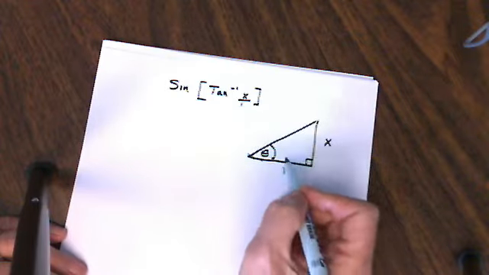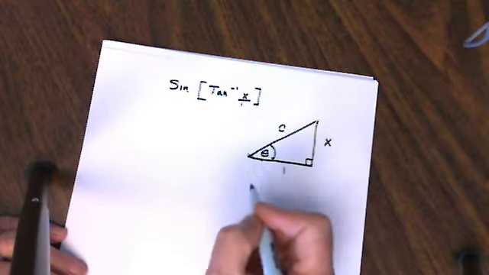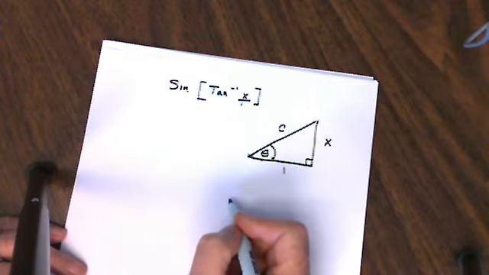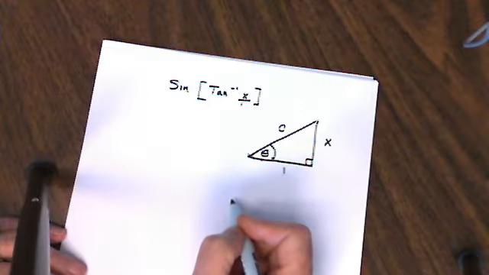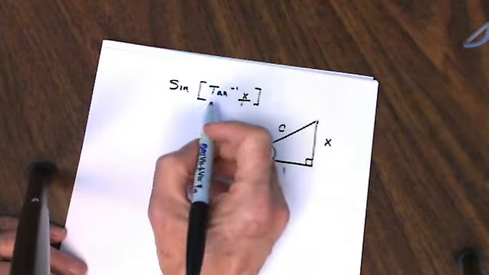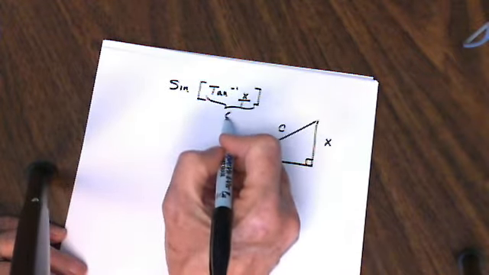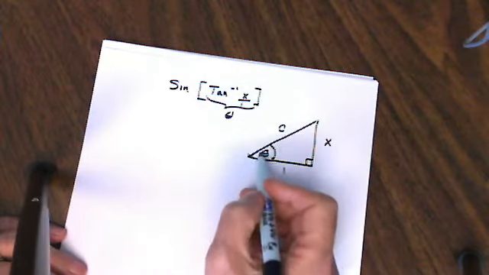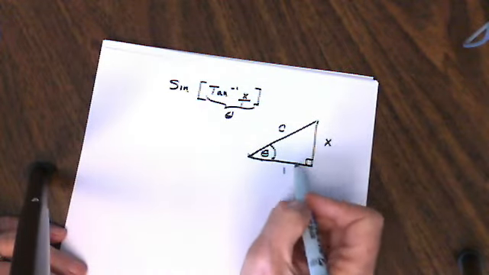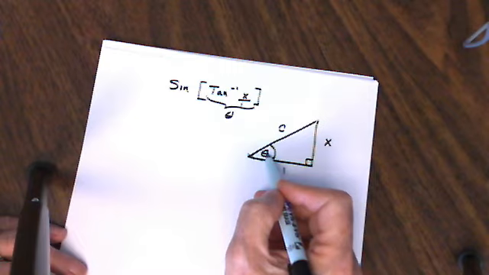I am missing the hypotenuse here, and I'm going to label the hypotenuse c, very often the label we give the hypotenuse when we're talking about the Pythagorean theorem. Now, this should give me an angle. An angle produced this ratio, x over 1, when I took the tangent of it.